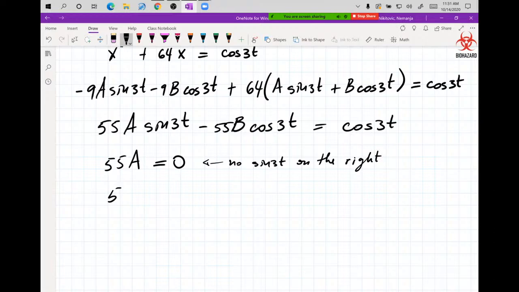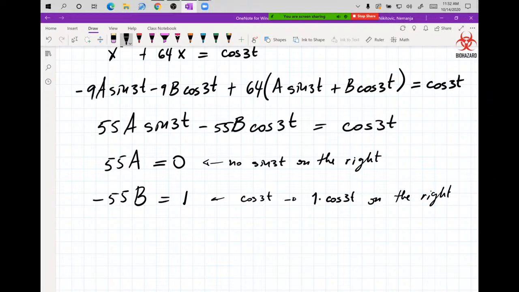And then negative 55b equals 1, because cosine 3t is 1 times cosine 3t on the right. You're just comparing the coefficients.